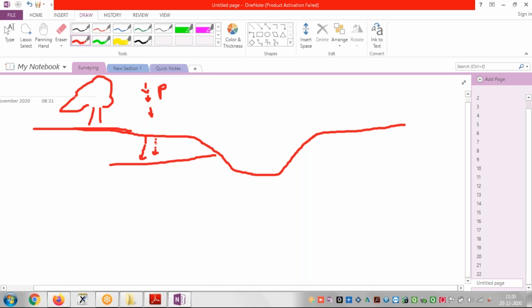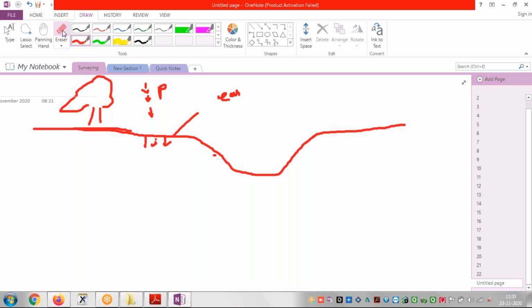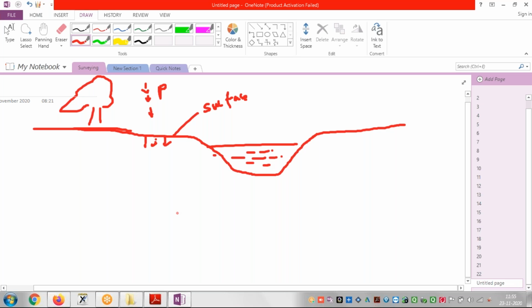What happens when water comes into the soil? When it is just at the top surface, it will not go very deep. Suppose here the water is just near the surface of the earth. This is our surface, and this is a river. Here water is available, right?